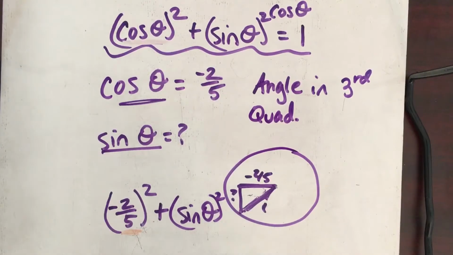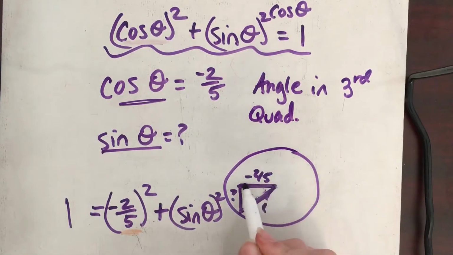My circle doesn't really allow for us to fit that there, so I might put this on the other side. Equals 1. Our hypotenuse is always 1. I just moved that from over here to over here because I don't have any more room on this side. But it's still just the two sides of the triangle, the two legs. -2/5 squared plus our unknown squared equals the hypotenuse squared. So it's the same exact idea as the Pythagorean theorem.